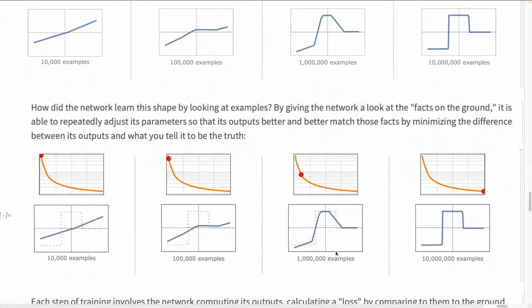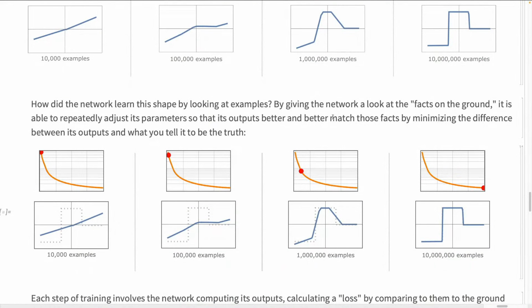So the way that the network learns by looking at examples is that, and we'll go into a little bit more detail about this, we give a network these examples, and it considers these examples to be the facts on the ground. And so it will keep adjusting its parameters so that if it puts in an input, it gets an output closer to what's expected.